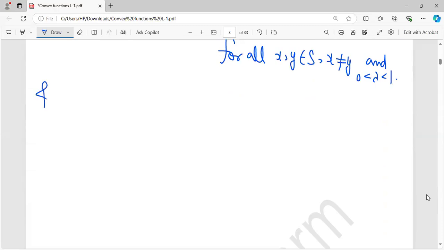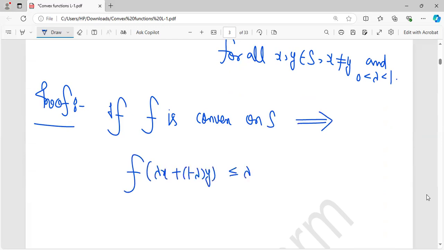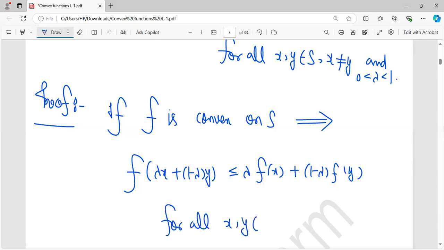So its proof is simple. If f is convex on S, then obviously we have f of lambda x plus 1 minus lambda y less than or equal to lambda f of x plus 1 minus lambda f of y, for all x, y belongs to S, x not equal to y, and lambda in this range.